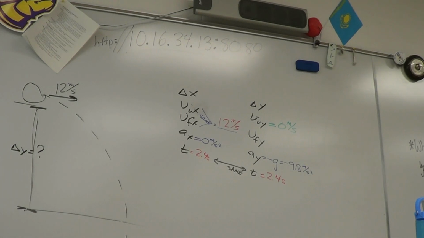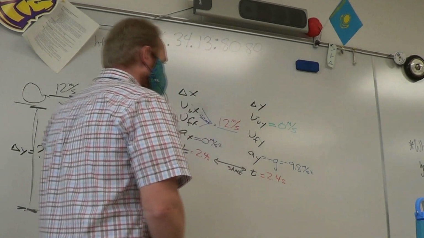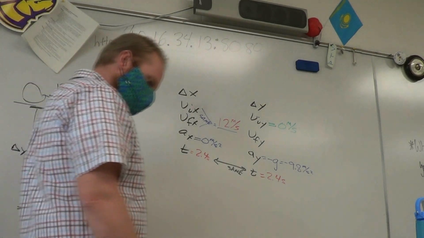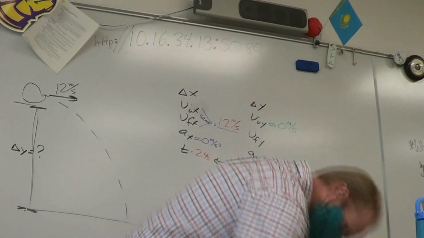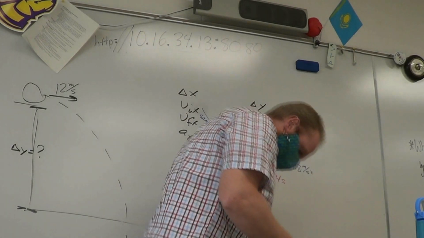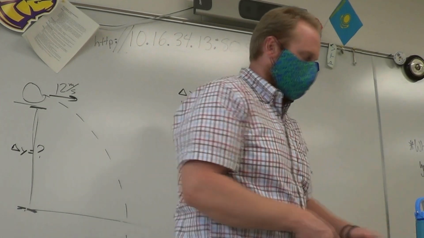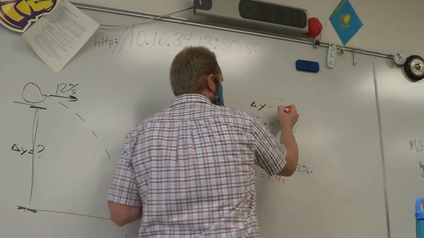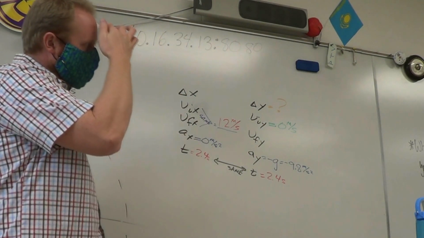Now we can get to the question being asked. The first part is how high is the bridge? What I'm asking is, what's the delta y? I need a different point. I don't know if orange shows up, but orange is what I'm solving for.